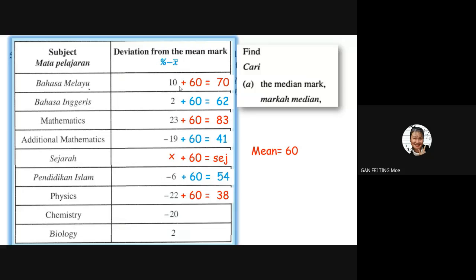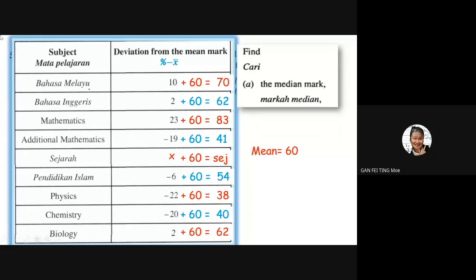Okay, then I go to Christine. Christine, what is your chemistry? Who has mic? Please tell me the answer for chemistry. Who wants to try? I'm not going to call your name. Chemistry? 40. Okay, good. How about biology? 62. Good. So you have all the marks.